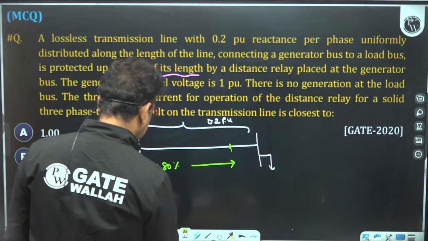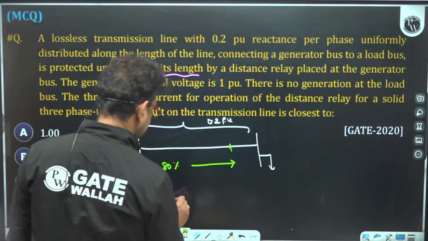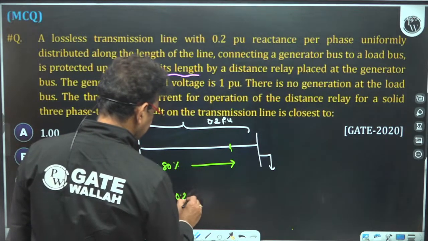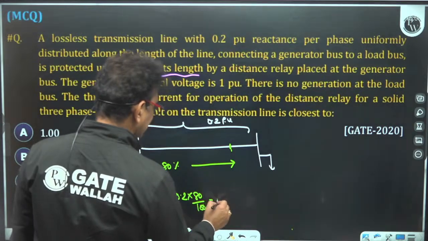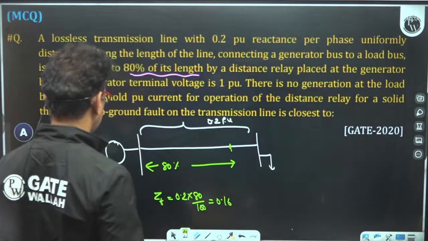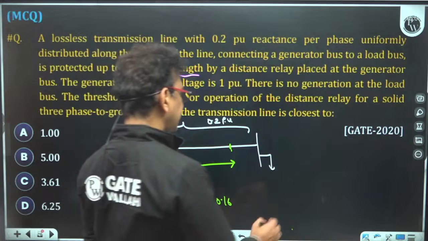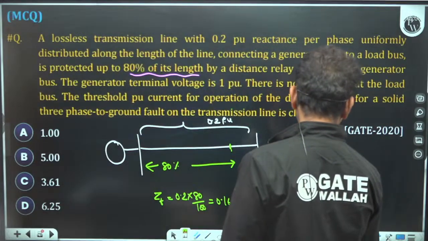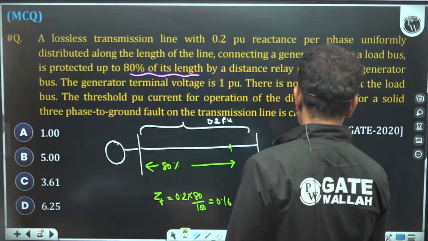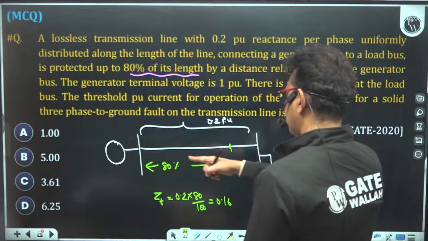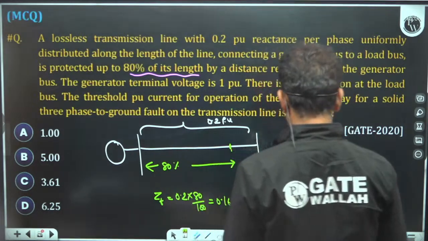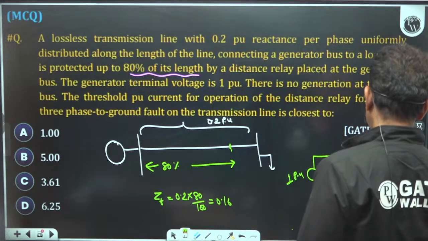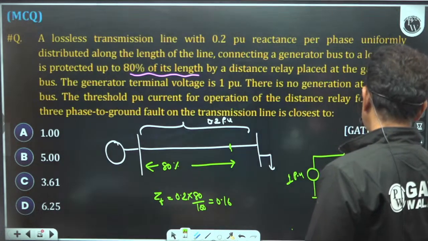So ZF is 0.2 times 80%, which is 0.16. Now if I convert this into a single-phase impedance diagram, the source is 1 pu, and up to 80% the reactance is 0.16.